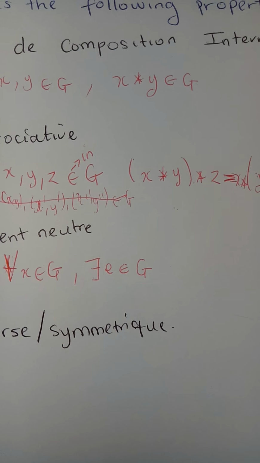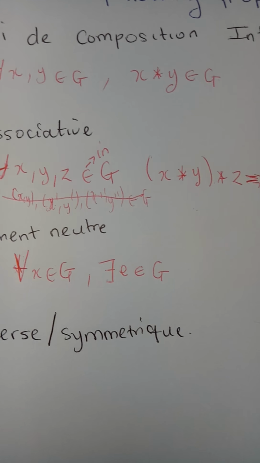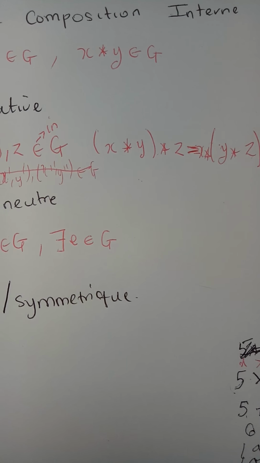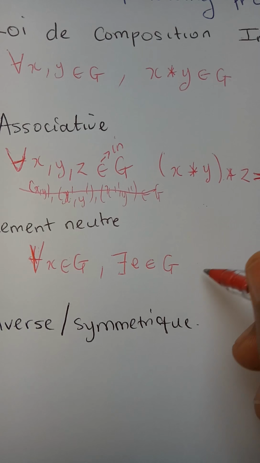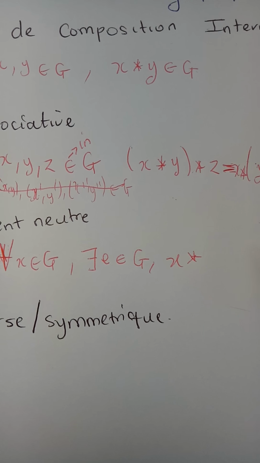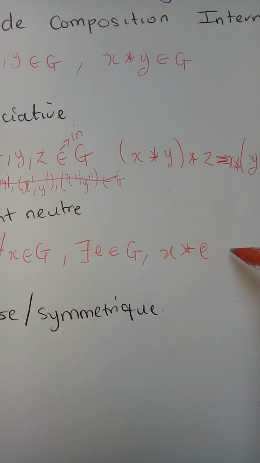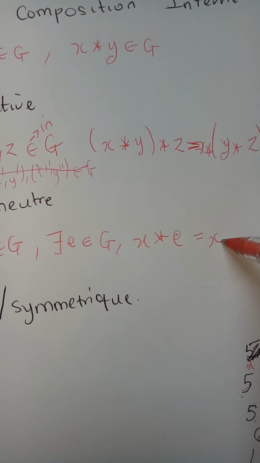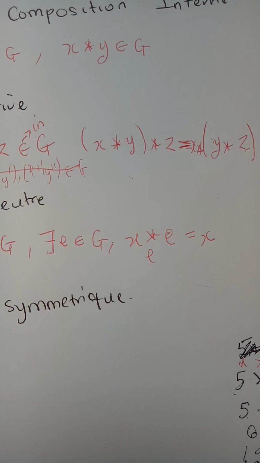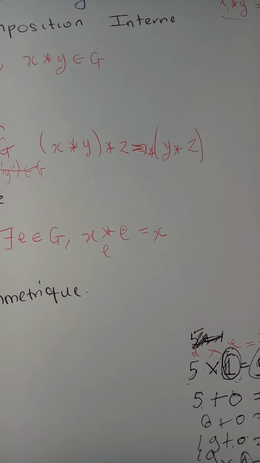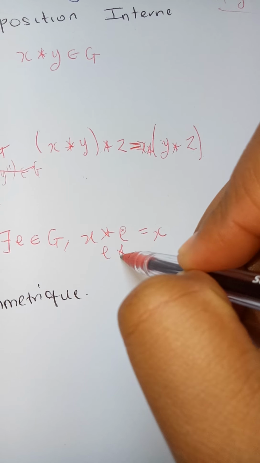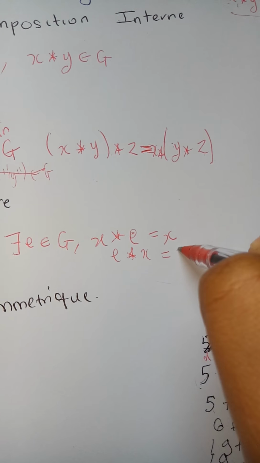For every X appartient à G, there exists an E that is also in G, such that X étoile E is equal to X and E étoile X will also give me X.